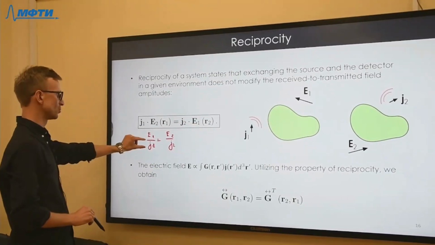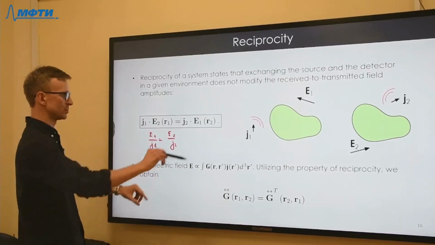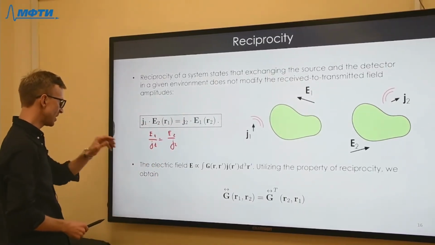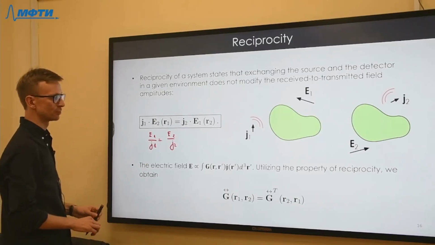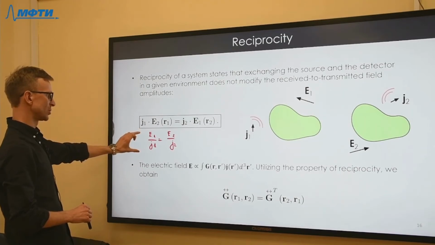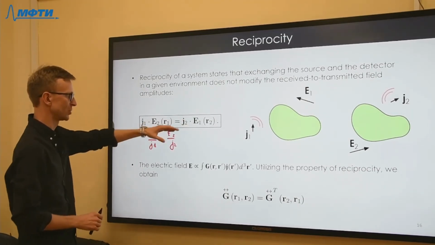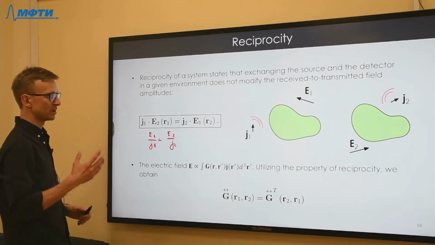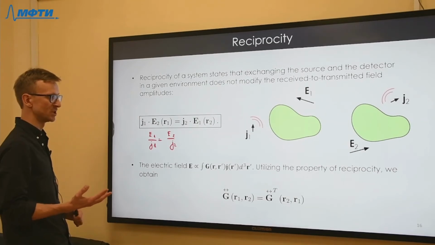And this is our source. And this is the ratio of the amplitudes. And this is the ratio of the amplitudes for the second situation. And the ratio of these amplitudes is equal due to reciprocity. Remember, this is a very loose formulation of reciprocity because here I essentially neglected the vector nature of the fields and the currents. But this gives you an overall idea of what it means for a system to be reciprocal.